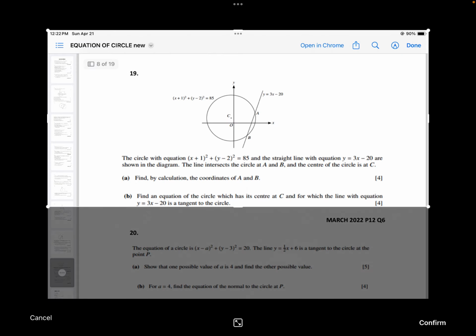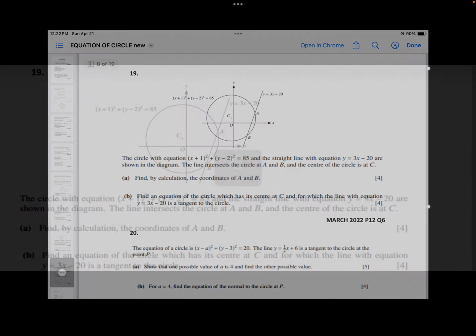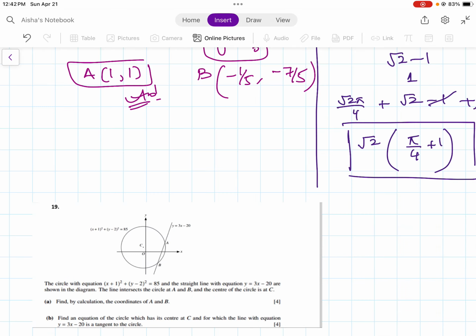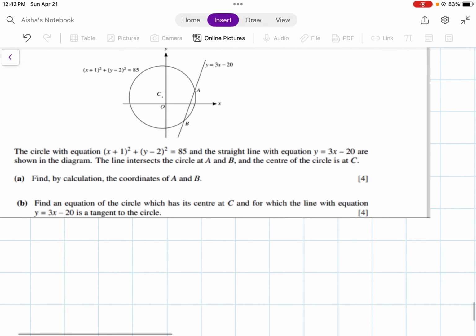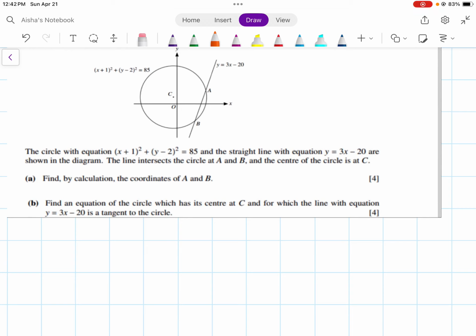Okay, this is also an interesting question. Are shown in the diagram by calculation, so you can clearly see this is an intersection point. In place of y, I will input this entire equation.